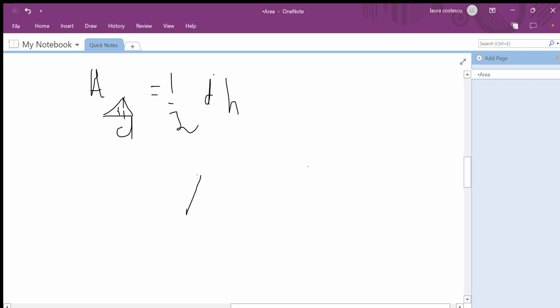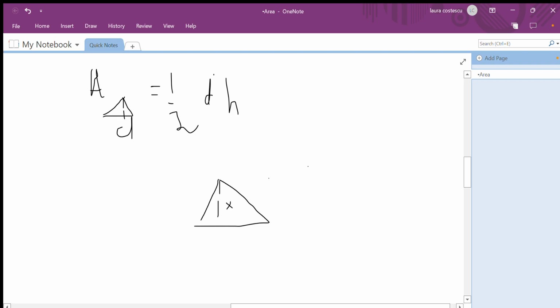So let's draw this. Let's draw it more beautifully. So what's the height? Well, the height is equal to, you want to find the highest point. Draw a line. How many centimeters is that equal to? Well, let's say it's x.